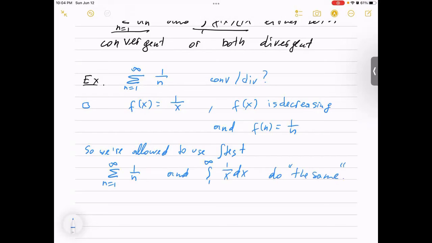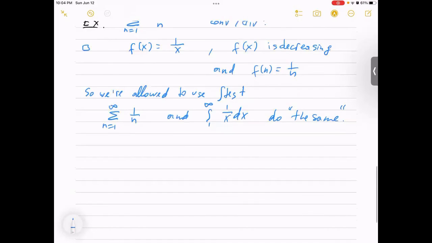By do the same, I mean they both converge or both diverge. So instead of working with the series 1 over n, I'm going to pay attention to that improper integral from 1 to infinity of 1 over x dx, and I will make a call.